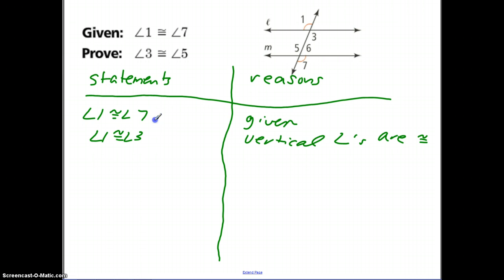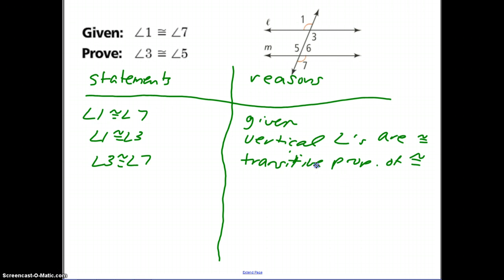Okay? Now, can you find your pattern here on which other angle pairs are congruent? If 1 is congruent to 7 and 1 is congruent to 3, that lets me know that angle 3 is congruent to angle 7. Again, that is the transitive property of congruence.